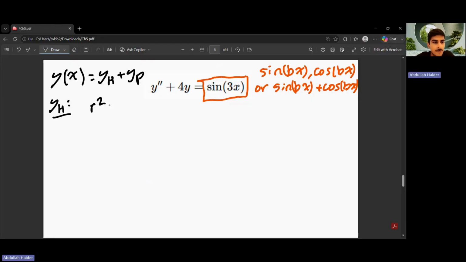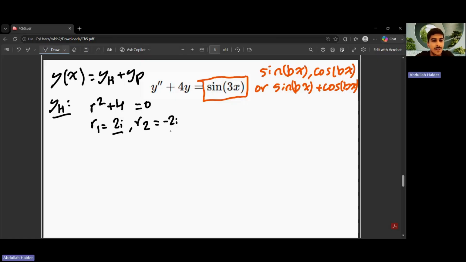r squared plus 4r is equal to 0. Oh no, mistake. I would have 4r if there was a y prime, but since we have a 4y, we always take the coefficient of the y, which is 4. So we get r1 is equal to 2i, and r2 is equal to negative 2i.